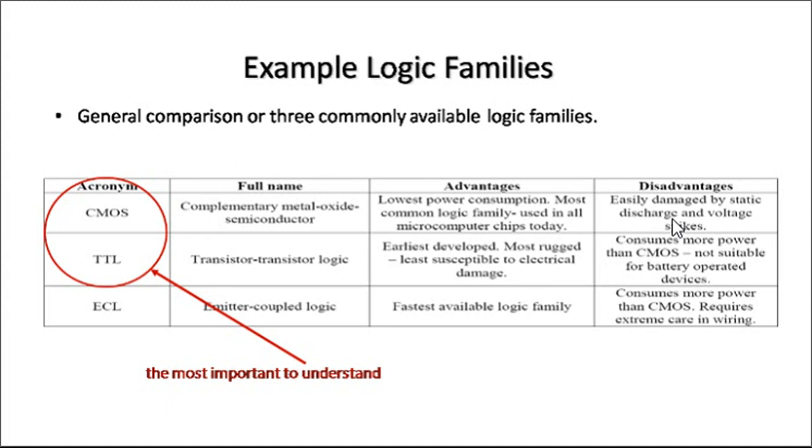Disadvantages: CMOS is easily damaged by static discharge and voltage spikes. TTL consumes more power than CMOS, not suitable for battery operated devices. ECL consumes more power than CMOS and requires extreme care in wiring. So the main advantage of CMOS is its lowest power consumption, right?